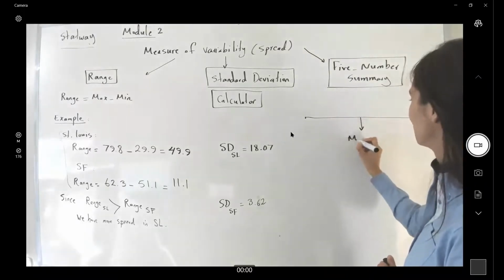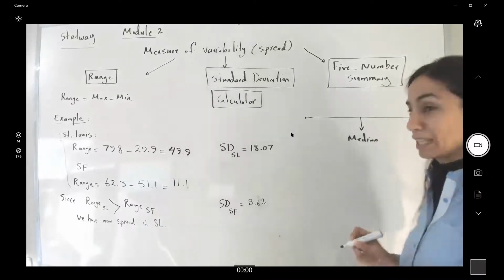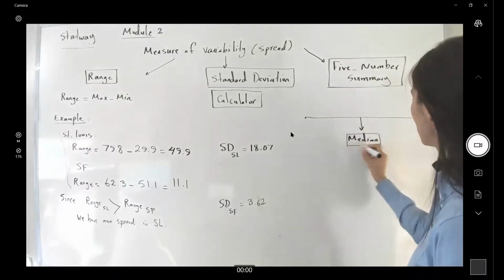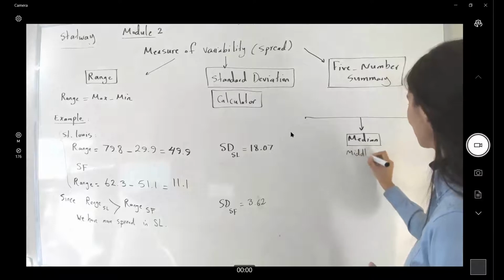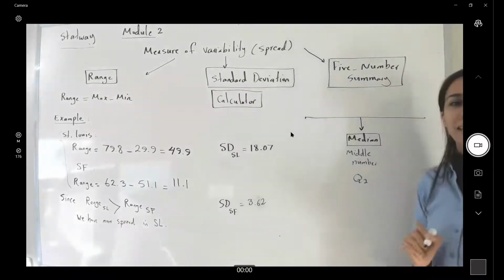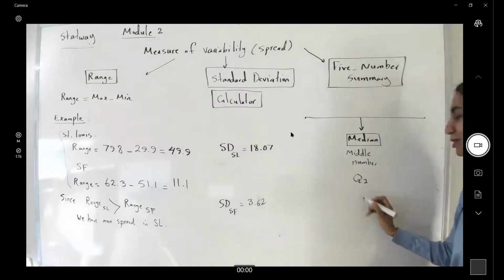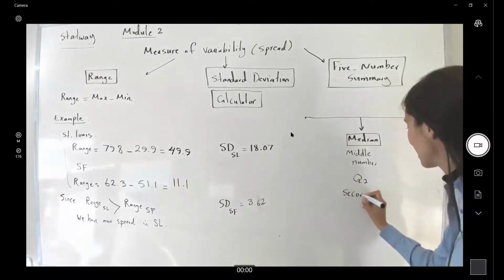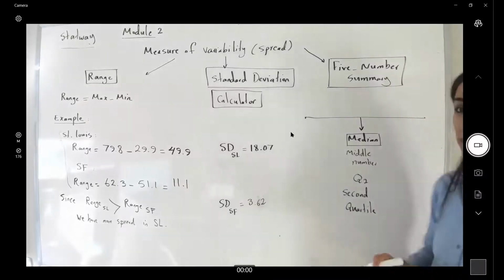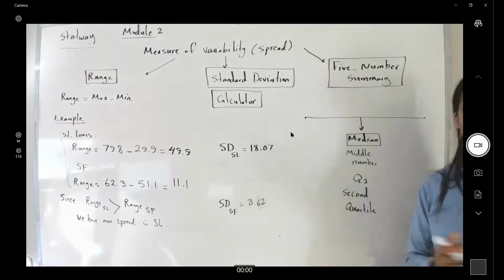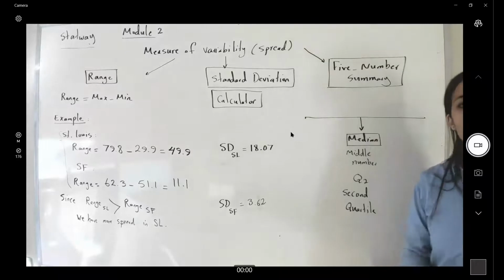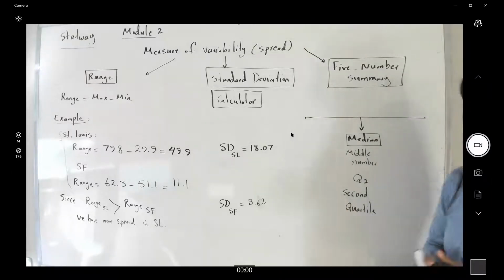Median, or middle number, is called the second quartile, Q sub 2. What's the meaning of that? It means that 50% of your data are on the left-hand side of the median, and the other 50 percent of your data are on the right-hand side of your median.